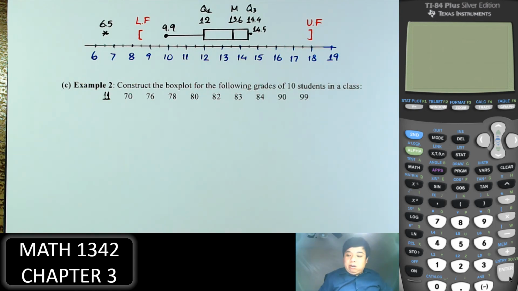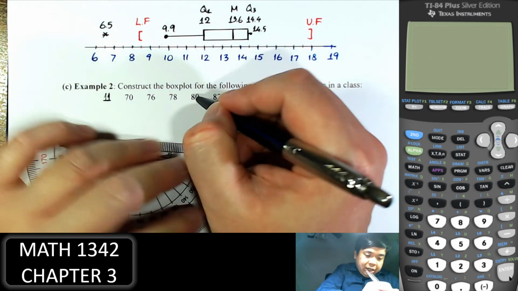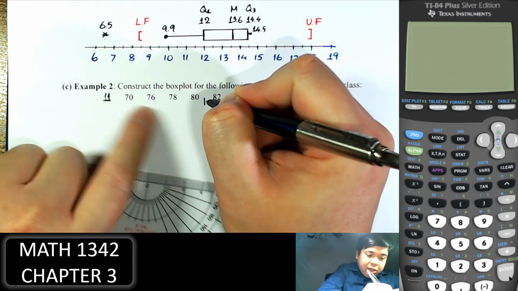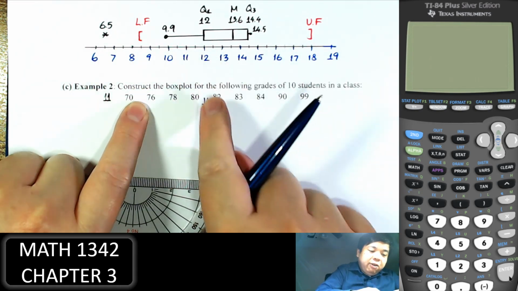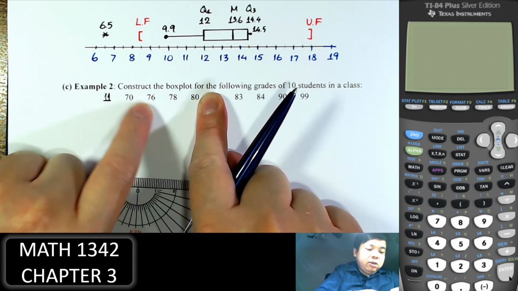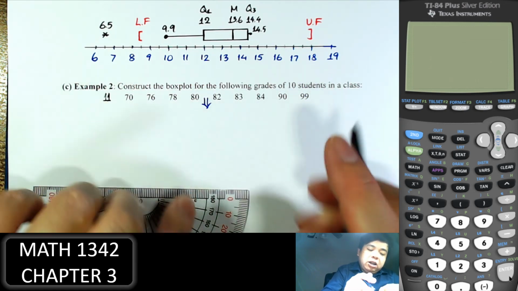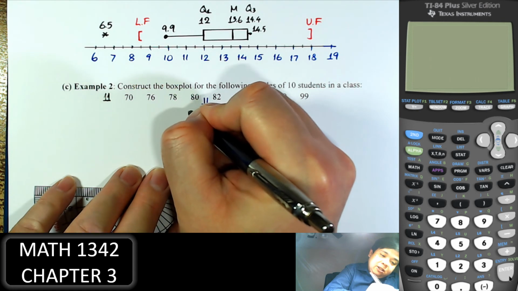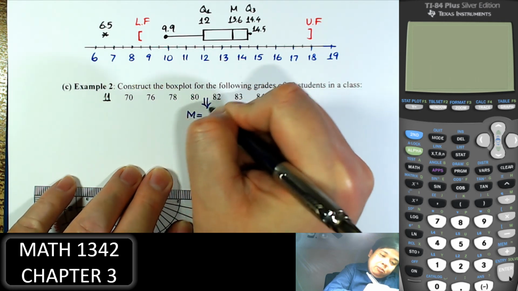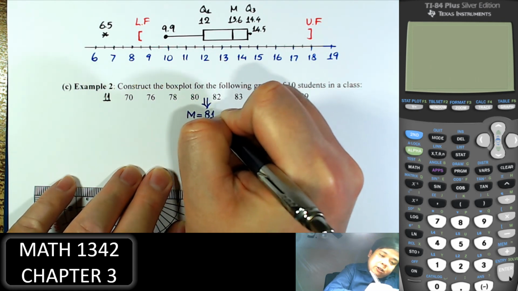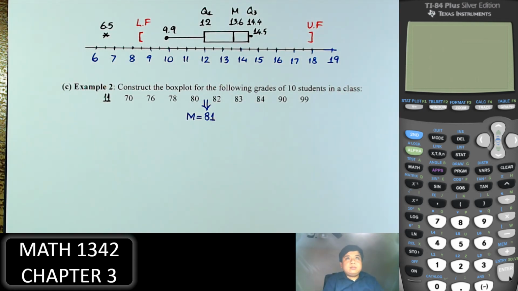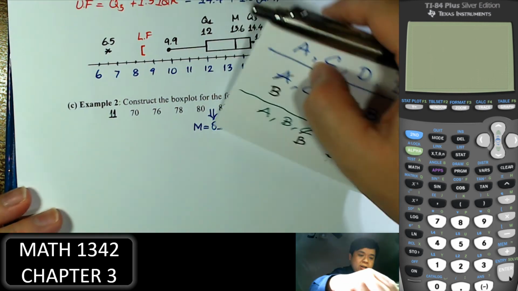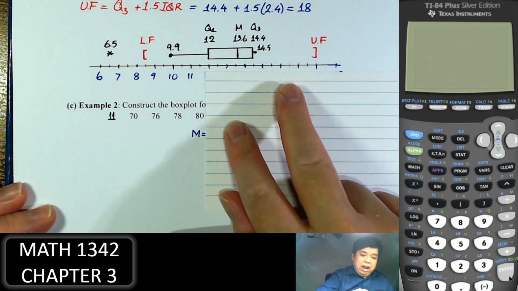Right, there are 10 students, right? So the median will be in the middle here, so that we have 5 numbers on the left and 5 numbers on the right. So that is the median. Between these two will be 81. Next, within the lower half, there are 5 of them.